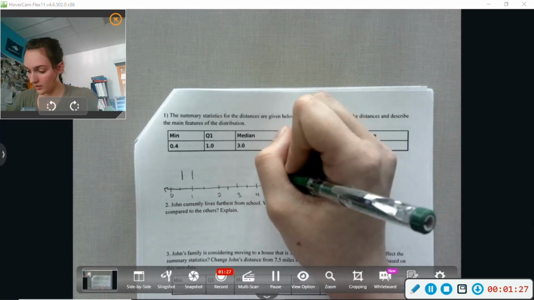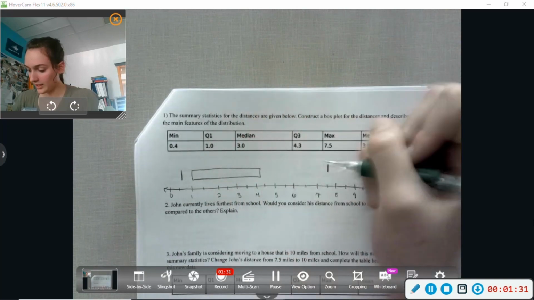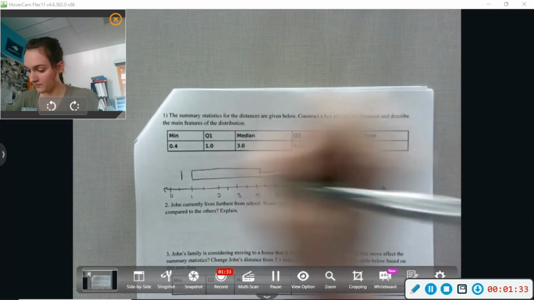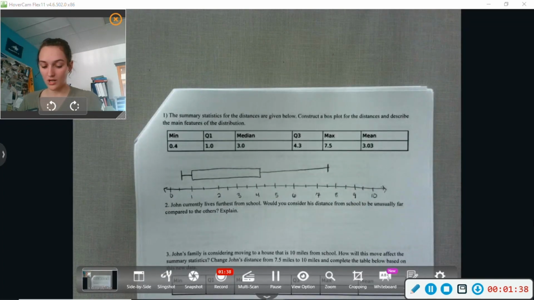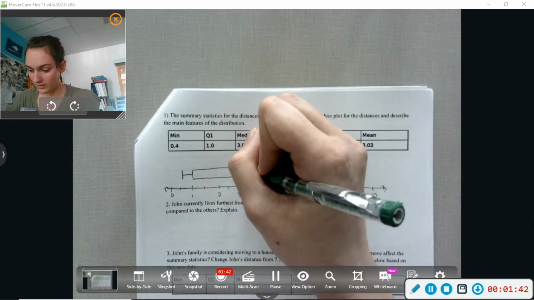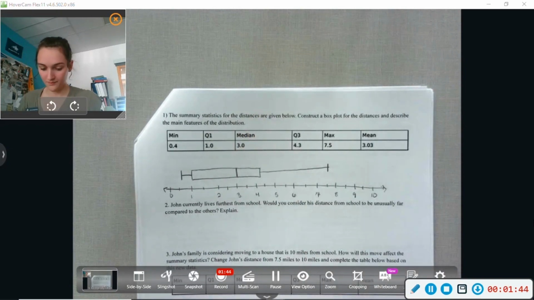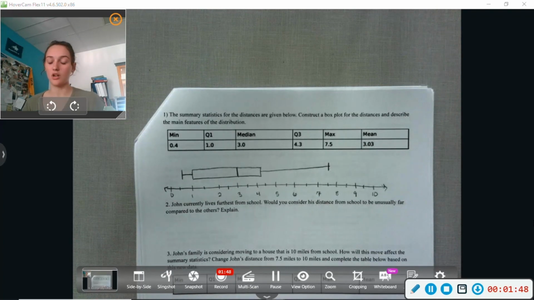Now I'm going to draw a box, and then I can draw my whiskers from there. I also need to draw my median at 3, right there. So that is how we draw a box plot.